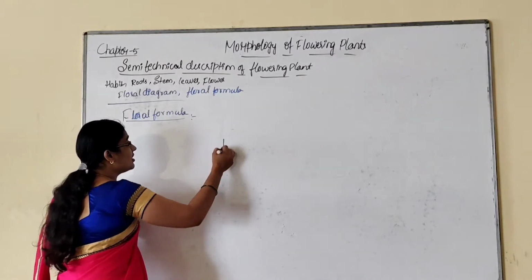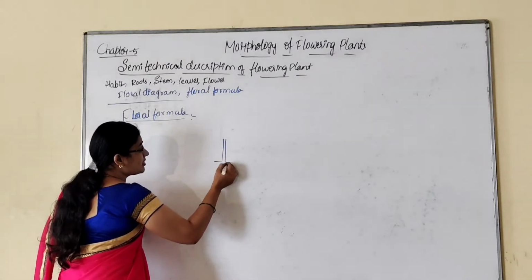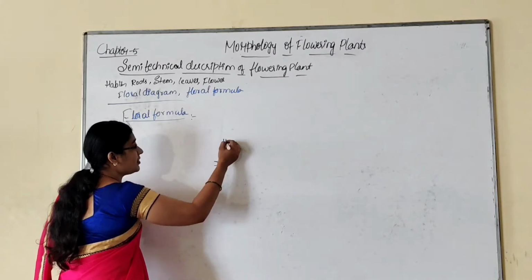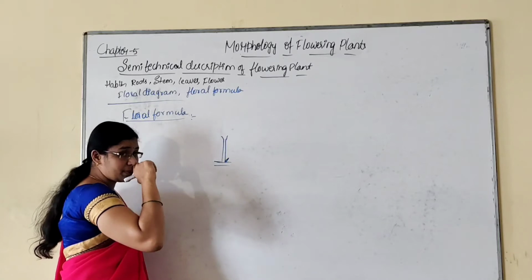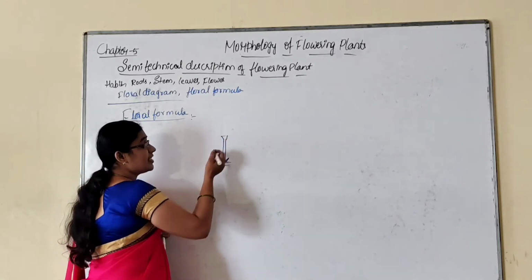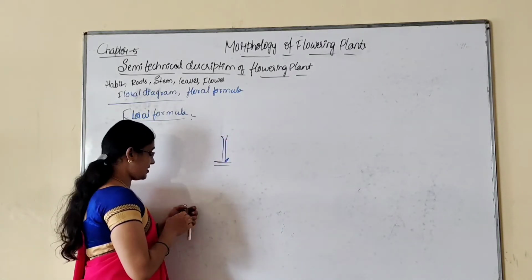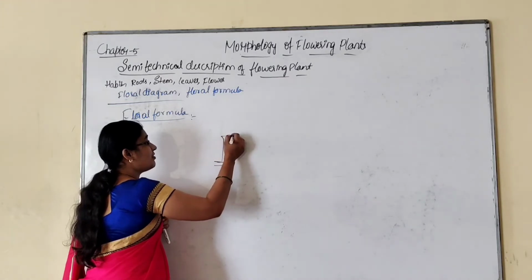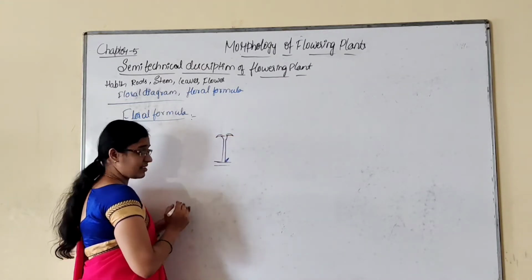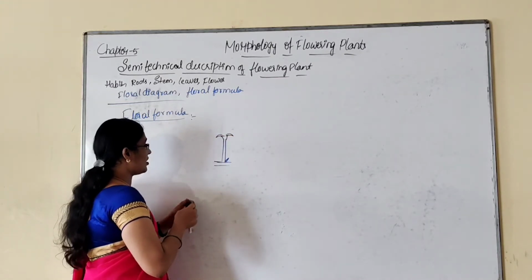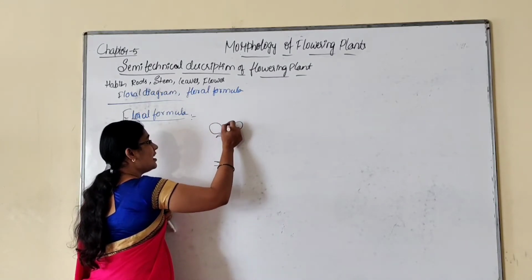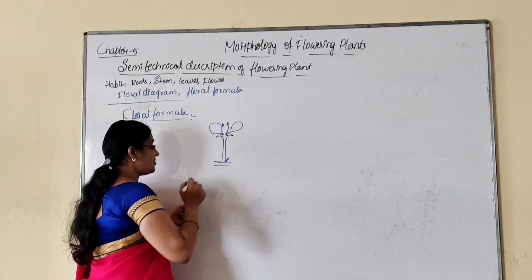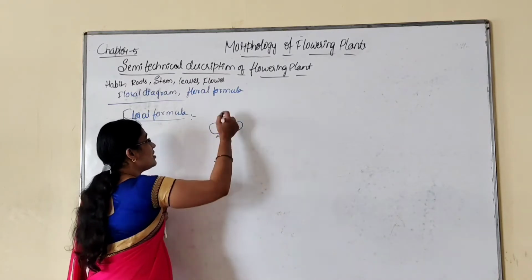Let me draw a rough sketch of this flower. This is the bract, pedicel having, and at the tip of this pedicel a highly condensed structure called thalamus is present, above which we can find the presence of calyx, then comes corolla, and then androecium as well as gynoecium is present.